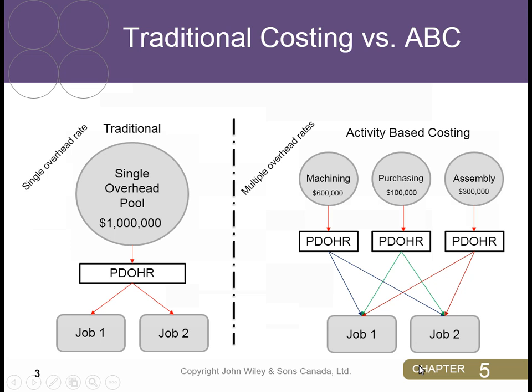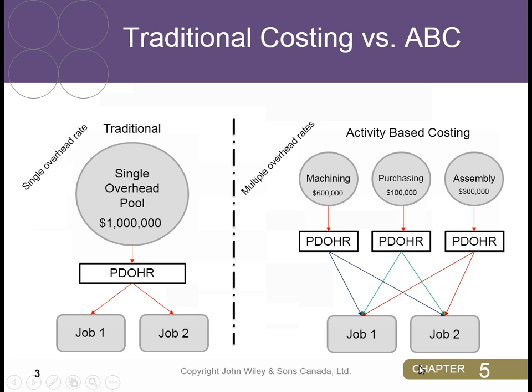Step 2 of the predetermined overhead rate process is to allocate overhead based on actual activity. Again, in the traditional approach, since we have 1 activity pool, which is all overhead, we had 1 driver, therefore we allocate overhead 1 time. Under this example, we have 3 activity pools, therefore we create 3 drivers, therefore we would allocate overhead 3 times.